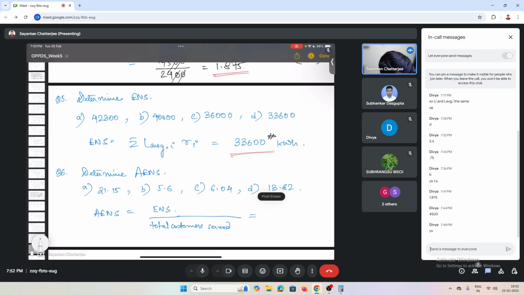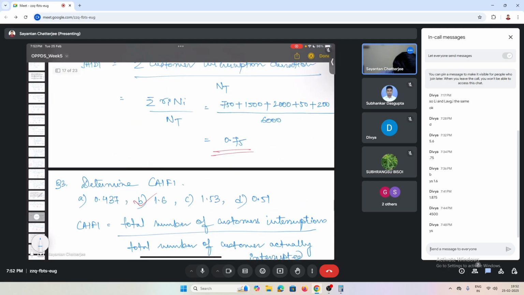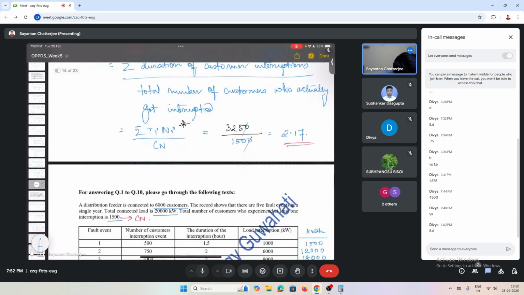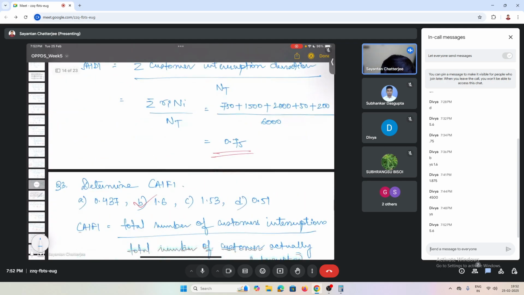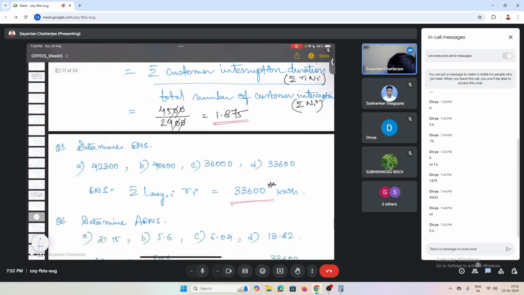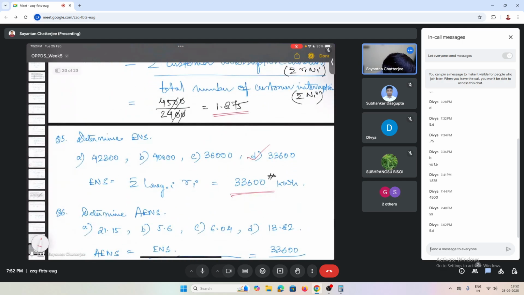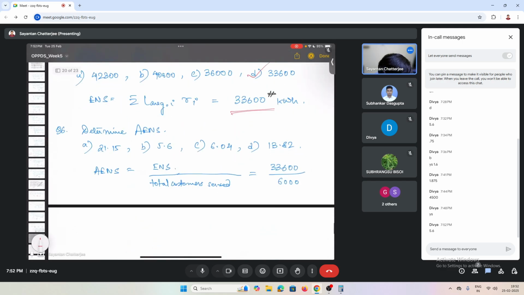So it will be 33600 divided by 6,000. Total number of customers was given as 6,000, total connected to 6,000 customers. 5.6. Yes, 5.6 is the correct answer.